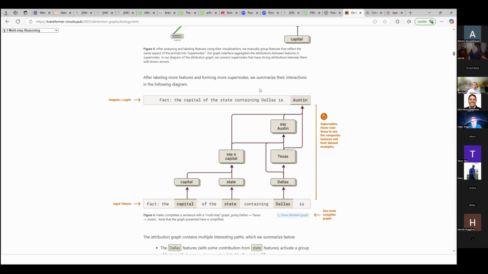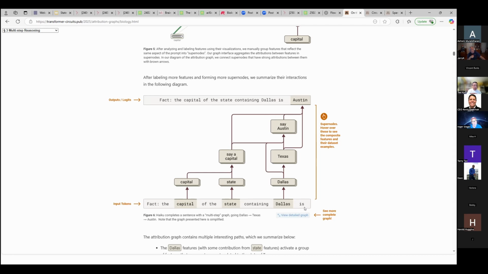So one of the things they talk about in this article is they say if you had a sentence, fact, the capital of the state containing Dallas is, one possibility is that in its training text, this LLM has seen so many sentences and so many things about Dallas that it knows that Austin is the capital of the same state that Dallas is in.